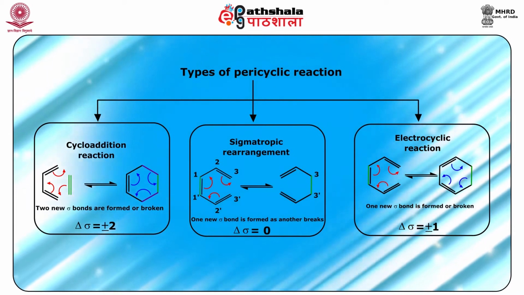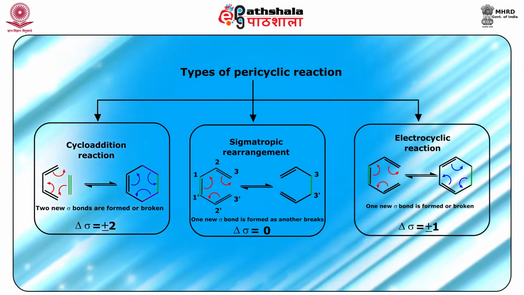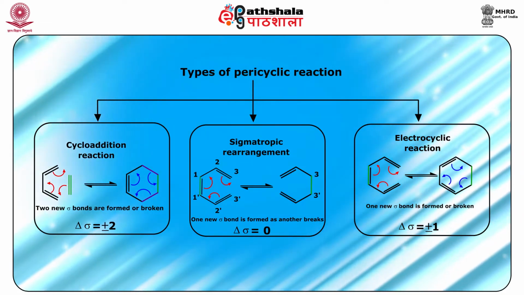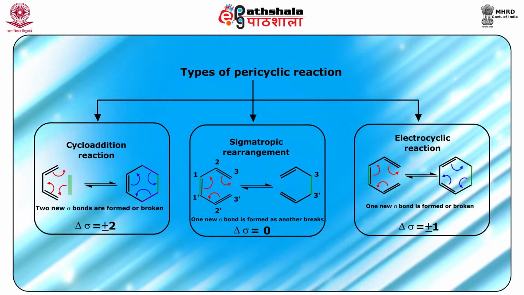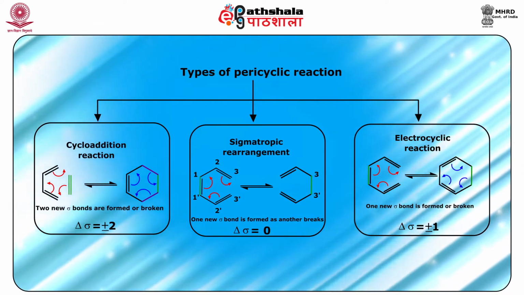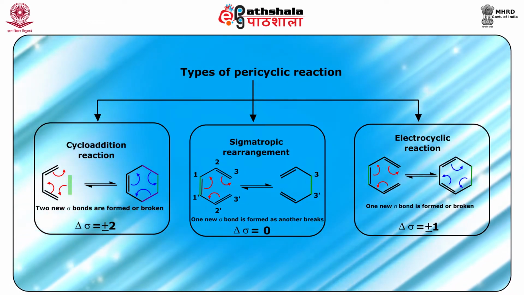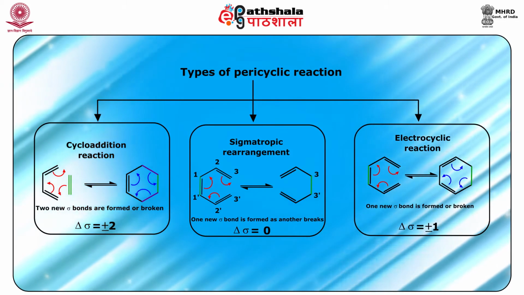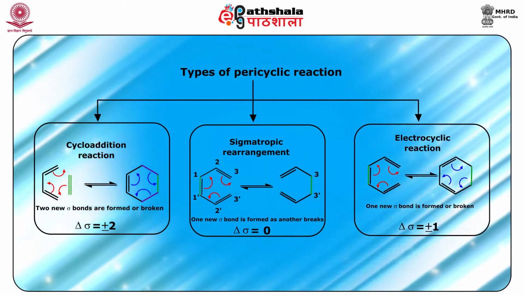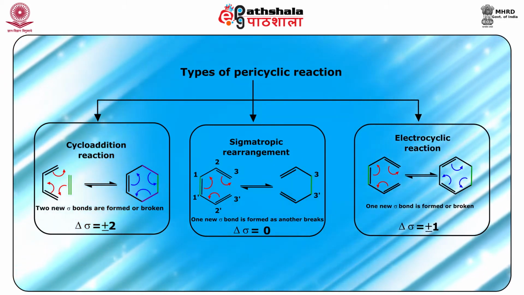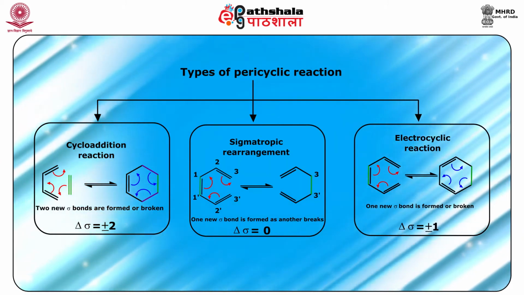Next we look at sigmatropic rearrangement. Here again the red arrows are depicting the formation of new sigma bonds using the pi bonds. One new sigma bond is thus formed as another breaks, so that delta sigma is equal to 0.